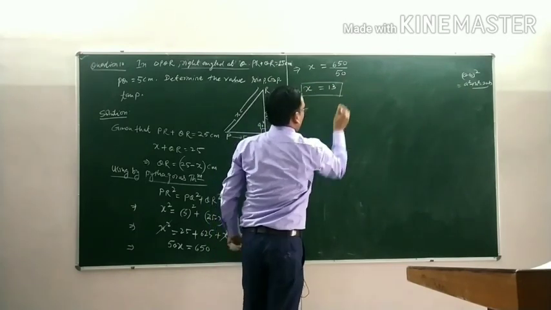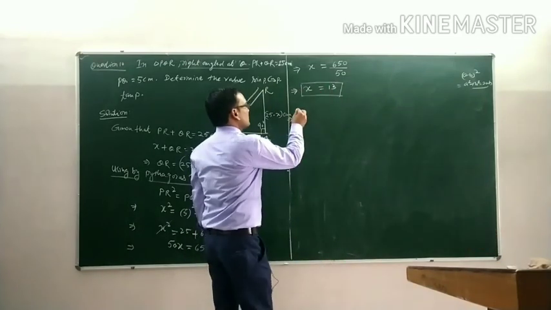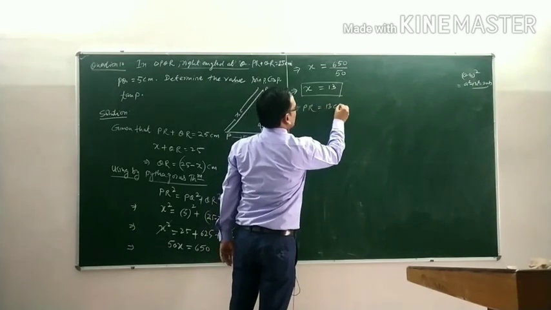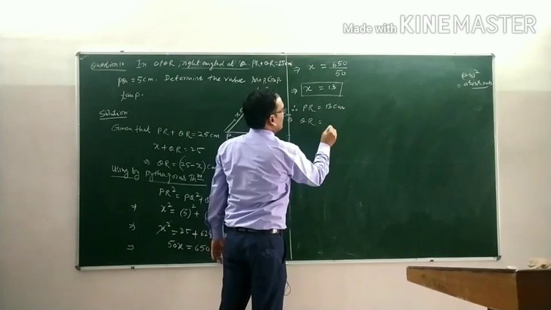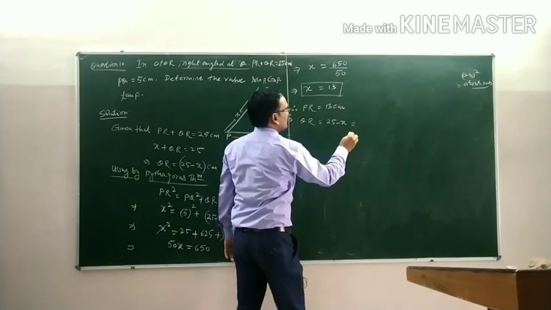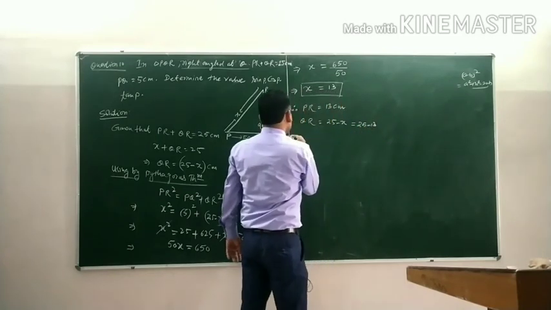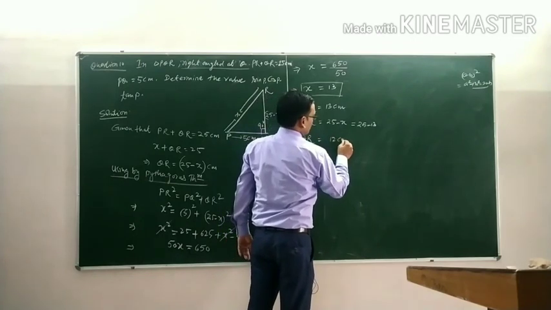The value of x is 13. That means, since PR equal to 13 centimeter, find the value of QR equal to 25 minus x. That means 25 minus 13. This implies that QR equal to 12 centimeter.